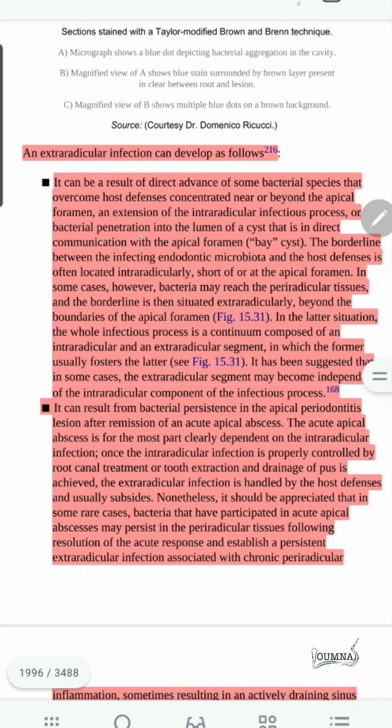Also, some bacteria may be forced from the canal to the periradicular area when we do the instrumentation. For that, the crown down technique is the recommended one in treating a periradicular case.